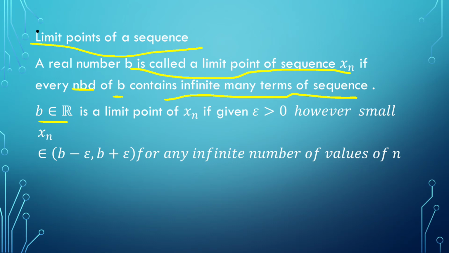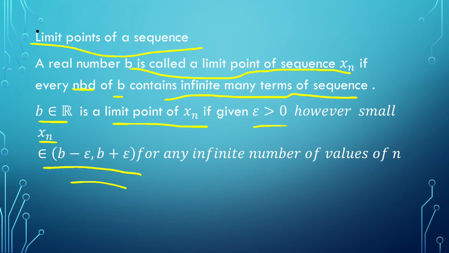So b being a member of the real set, we say it's a limit point of xn if given a positive epsilon, however small, xn will be inside that interval around b, because this is actually the definition of neighborhood.